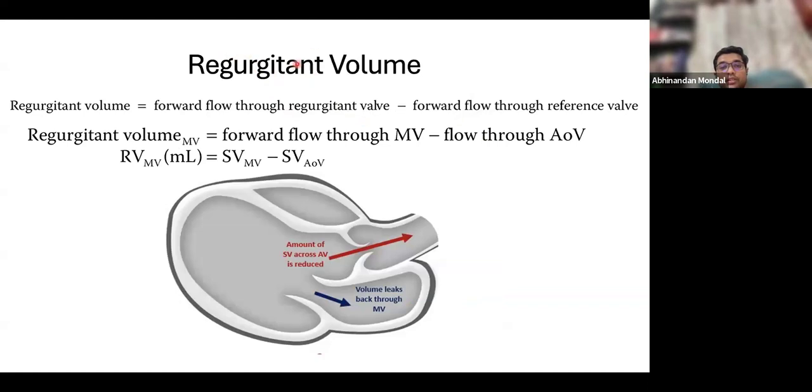Regurgitant volume, I have already discussed. Regurgitant volume is the forward flow through the regurgitant valve minus the forward flow through the reference valve. That means in case of your mitral valve, suppose you are examining a patient with MR, the regurgitant volume is the forward flow through the mitral valve minus the forward flow through the aortic valve, because that is the blood that is coming back into the LA.